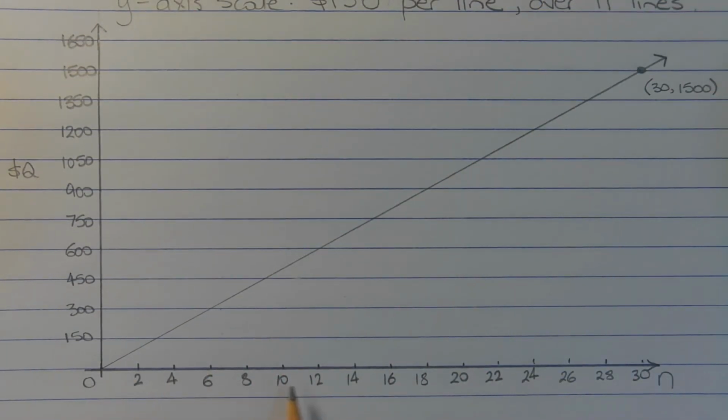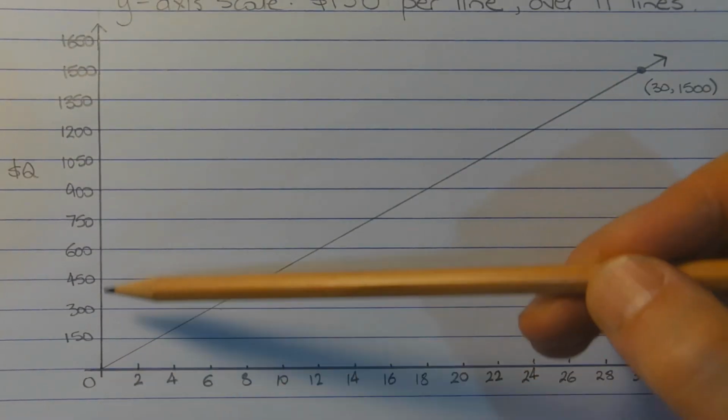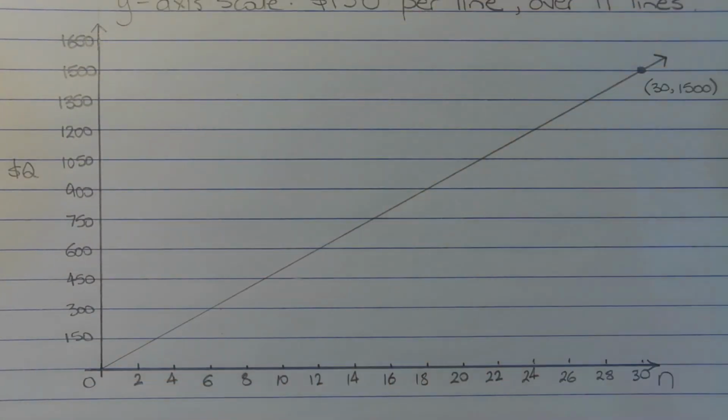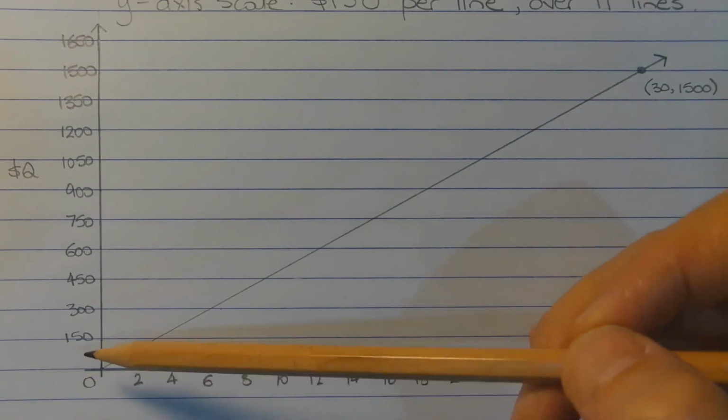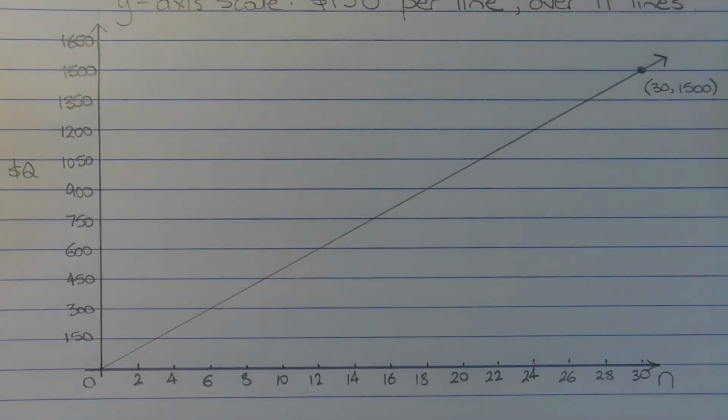Now the length of the x-axis is 15 centimeters. And for the y-axis, it spans 11 lines, going up in steps of $150. And for the x-axis, it's going up in steps of 2. So each of these represents the number of parties that Toby performs.